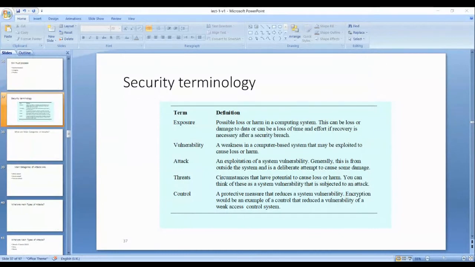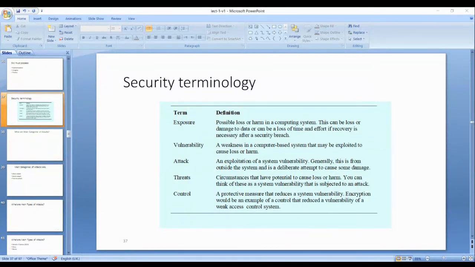Attack means the system is under attack. It has been attacked and it is damaging the machines. Threat: the conditions, the probability, the potential causes that your system is under attack. Banks are continuously under threats. The registration and grading system of King Abdul University is under threat, as students want to change their grades.